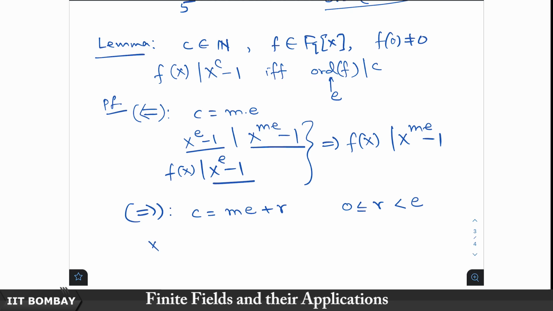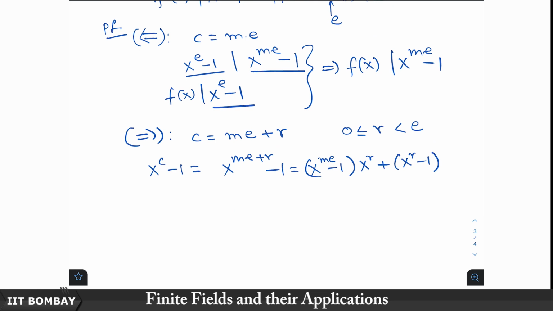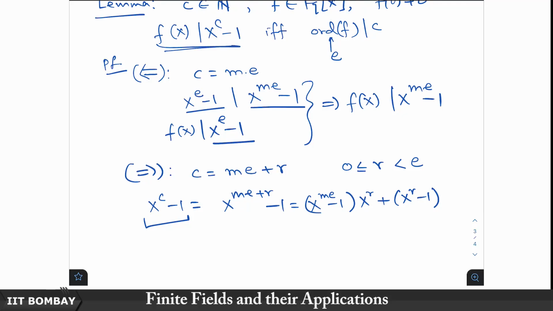Then x^c - 1 can be written as x^{me+r} - 1, which we can write as x^r(x^{me} - 1) + (x^r - 1). Now, if you look at this, the first part is divisible by f(x), because it is divisible by x^e - 1, which is divisible by f(x).